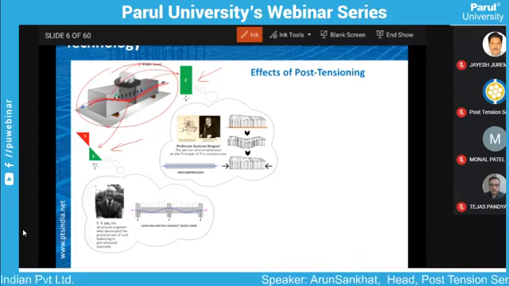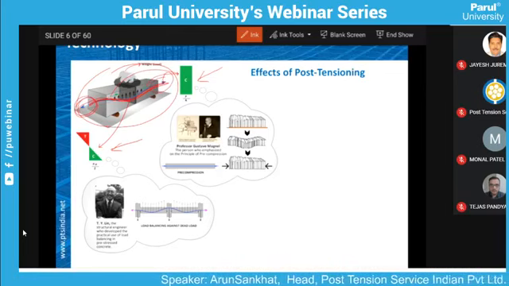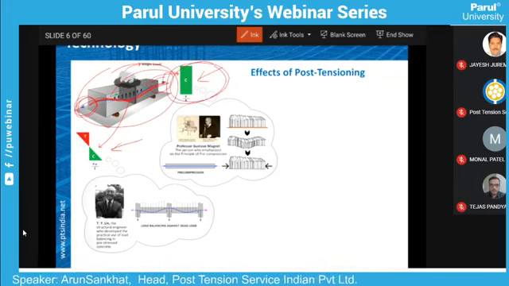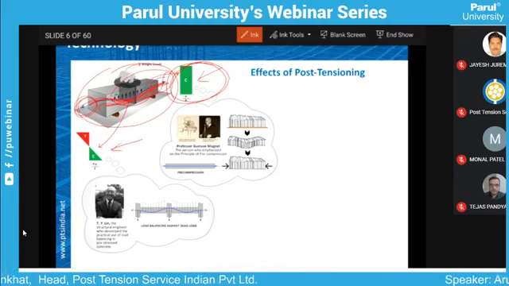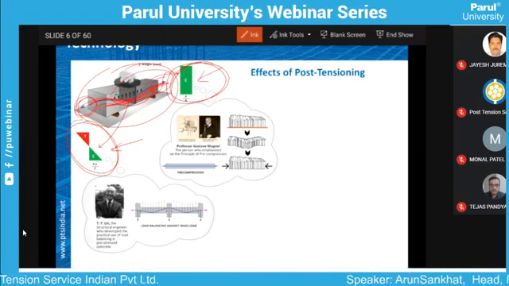Because of the anchorages at the ends, a force of compressive nature will be generated through the anchorages, and that will induce this pre-compression. The profile of the cable will generate this kind of weight balancing action in the member.